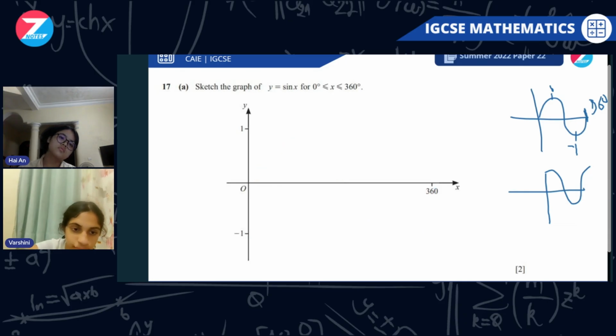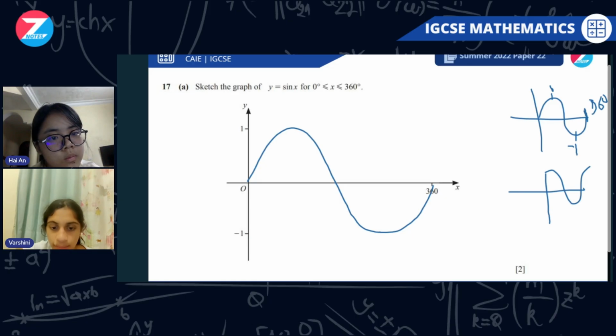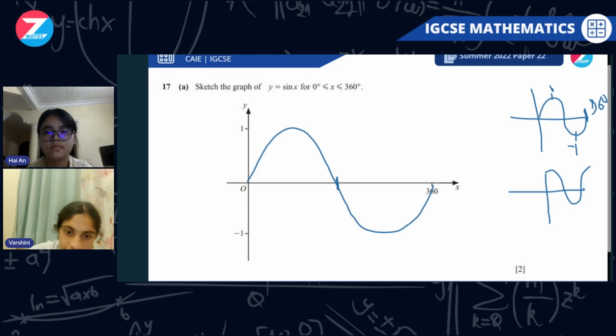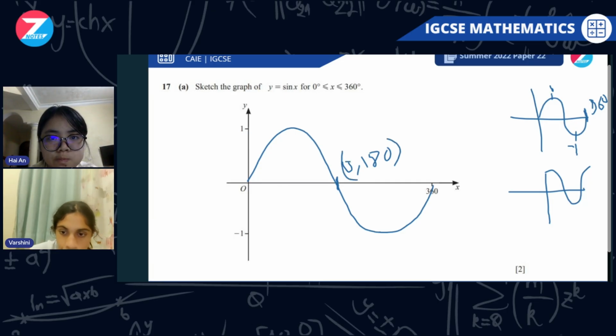I'm using a computer, so my values will be a little inexact, but make sure that your graph looks neater. And that is all. We can also label these points. This is half, and 360 by 2 is 180, so we can label this as 180, 0.